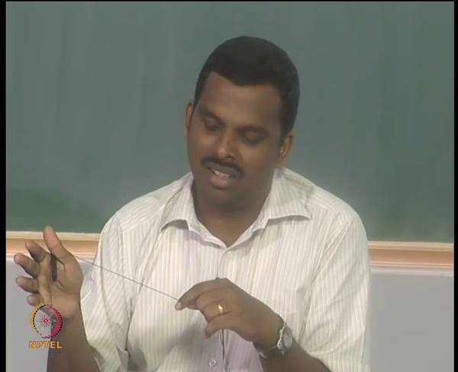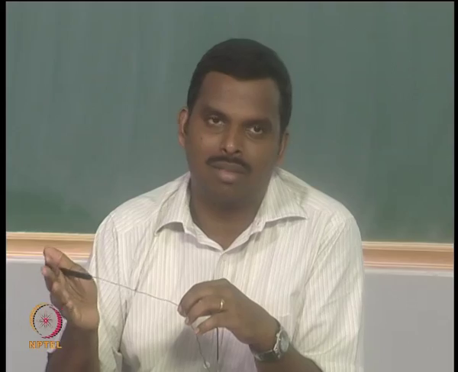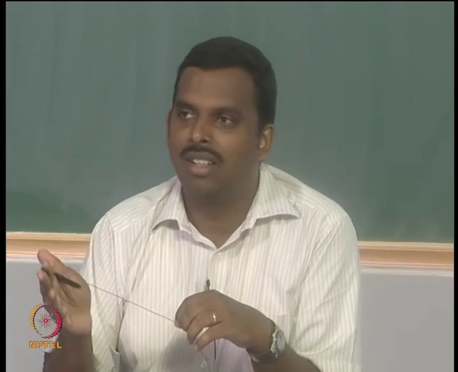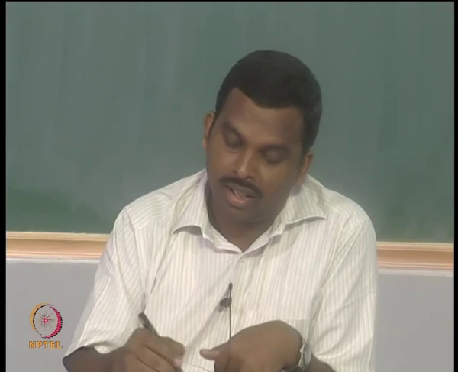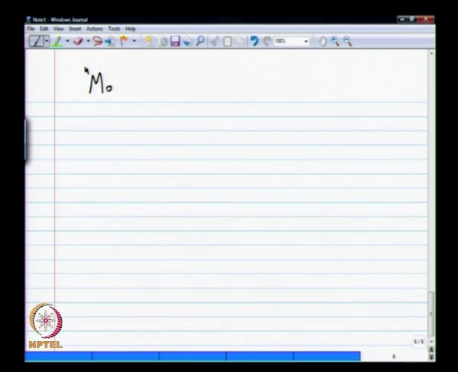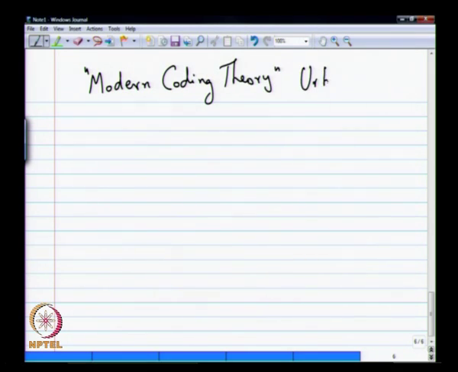Like I said, it's matured very fast. People in the last 15 years or so have worked a lot on this, and a very good reference for all this is the book Modern Coding Theory by Urbanke and Richardson.